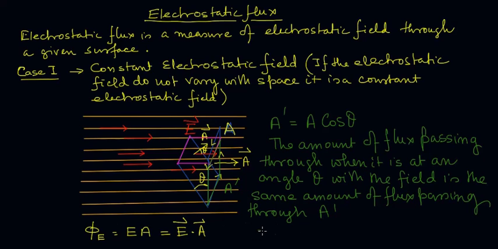So now phi E prime is E A prime, or equals E A cos theta, or E dot A. So this E dot A is the general expression for a constant electric field passing through a flat surface which is at an angle theta with the electric field.